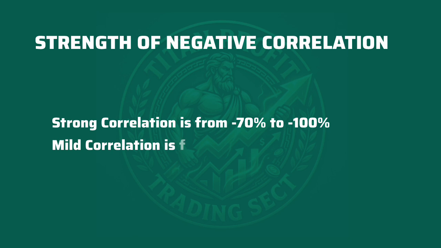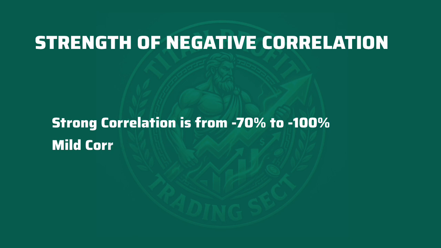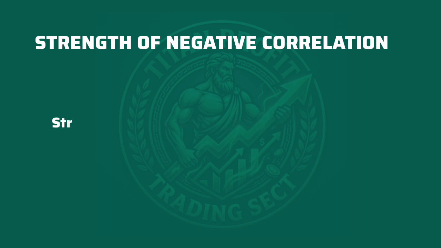So the strength of negative correlation is the inverse of positive correlation. So from minus 70 to minus 100 is a strong negative correlation. From minus 40 to minus 69 is a mild negative, and weak is from minus 1 to minus 39.